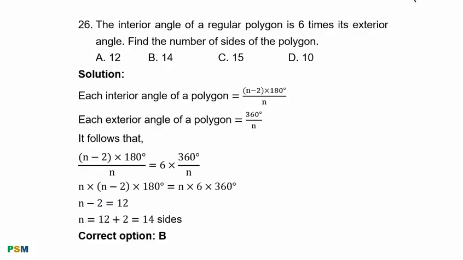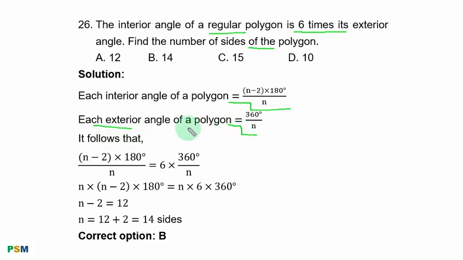Question 26. The interior angle of a regular polygon is 6 times its exterior angle. That is one angle. Find the number of sides of the polygon. Solution. Each interior angle of a polygon is given by this formula, and each exterior angle of a polygon is given by this formula.